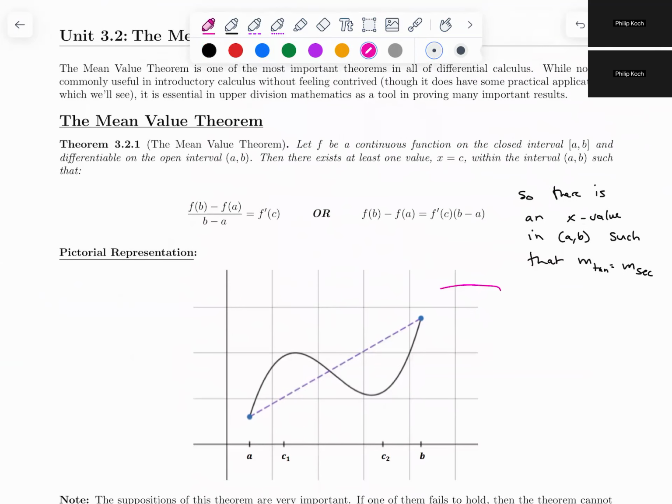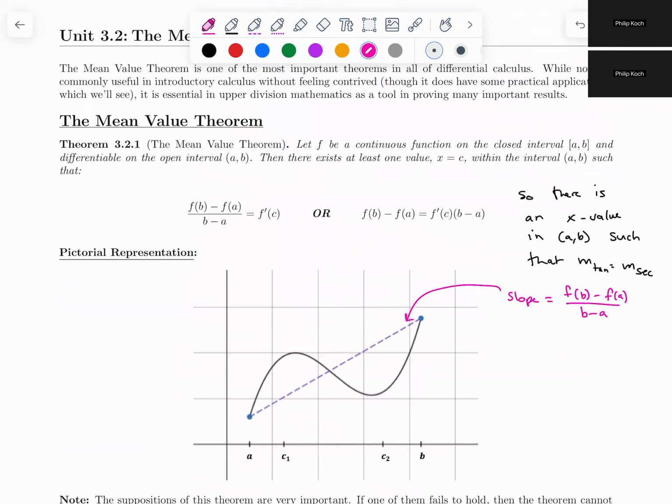The slope of this line here is equal to f of b minus f of a over b minus a. That is the quintessential calculus graph, that little squiggly line. This thing is definitely continuous. It's definitely differentiable because it's very well rounded. There are no corners, no cusps, no discontinuities.